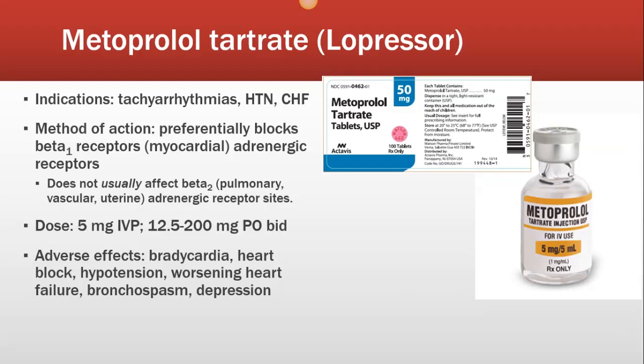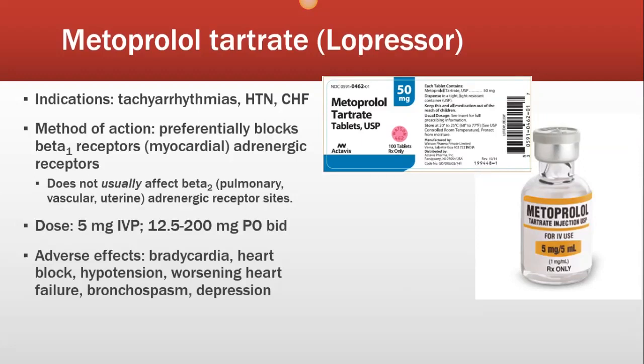Dose is usually 5 milligrams IV push, and we can give 12.5 to 200 milligrams PO BID, depending upon the patient's situation. Adverse effects of metoprolol: bradycardia, heart block, hypotension, worsening heart failure, bronchospasm, and depression.